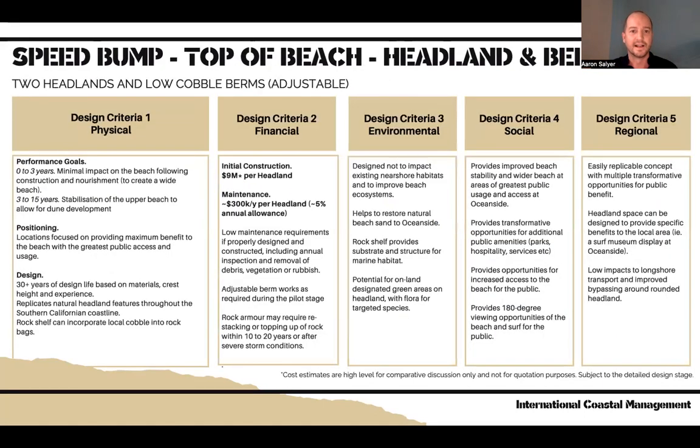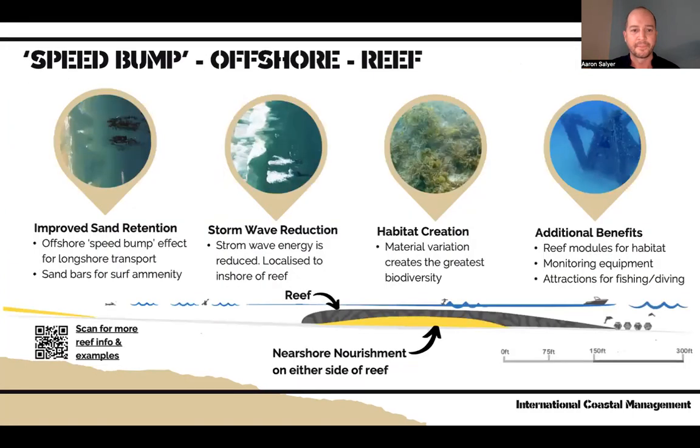And again, just going through that example of the headland and how that can tick all of the design criteria here for Oceanside, giving a look at some of the performance goals in the 3 to 15 year period, looking at the costs, potential maintenance of moving these rubble bags around, how it affects the environment, the social benefits you get from having a green space right next to the beach.